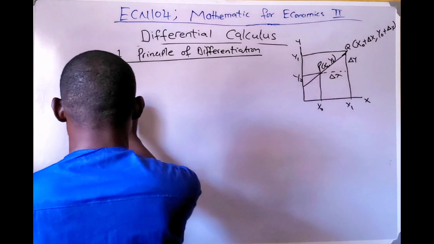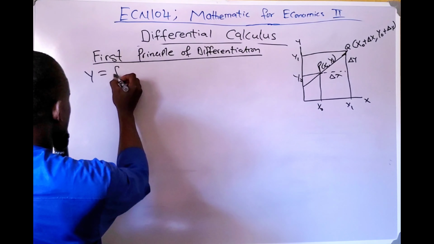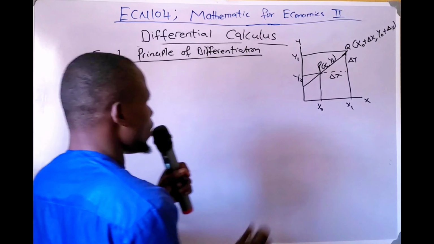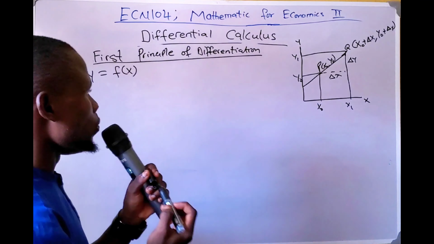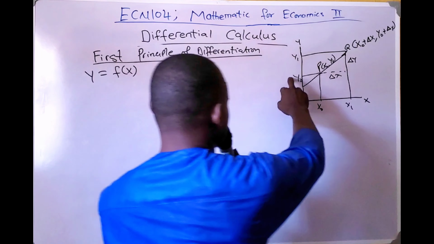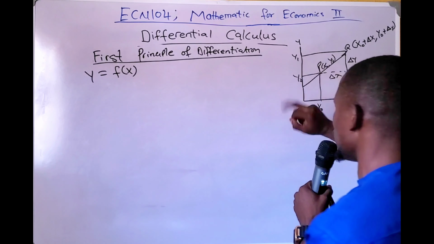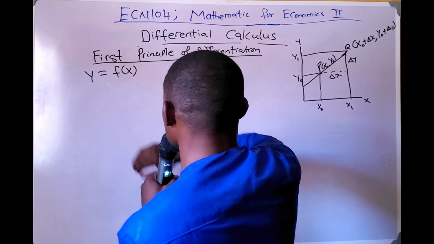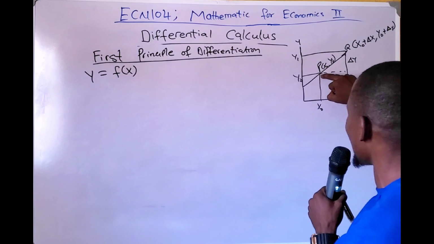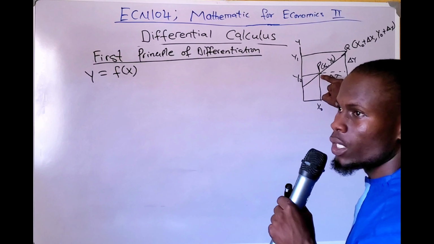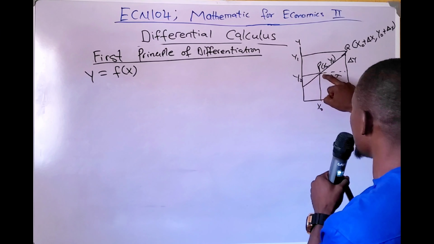Let's say we are given a function such as y equals f of x. Now, if we come to this graph, y is the dependent variable and x is the independent variable. At this particular function, we are interested at this point here.